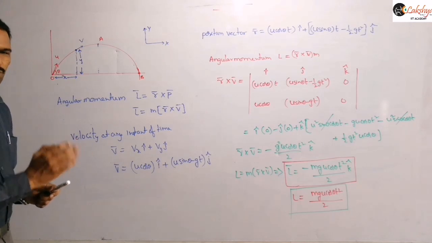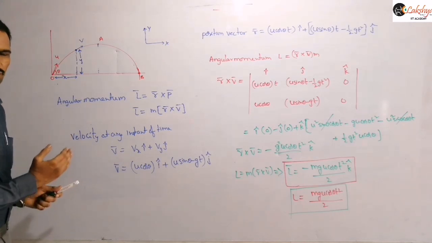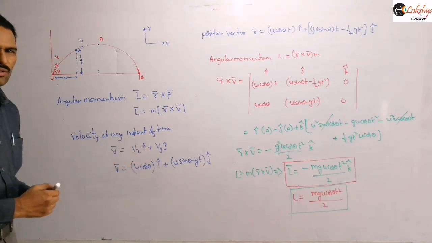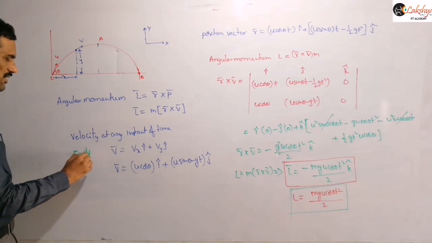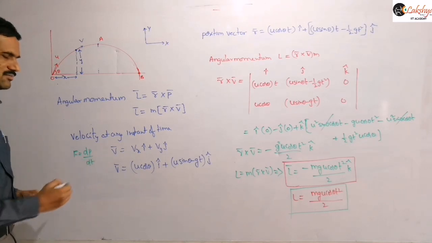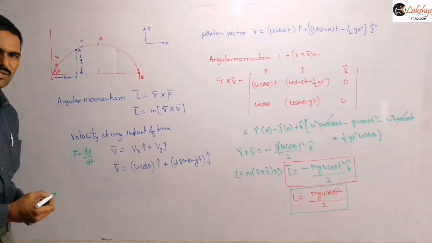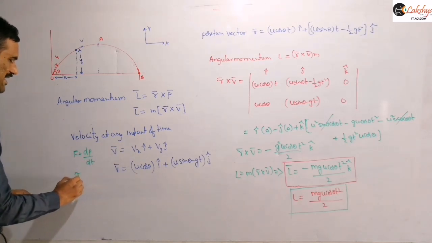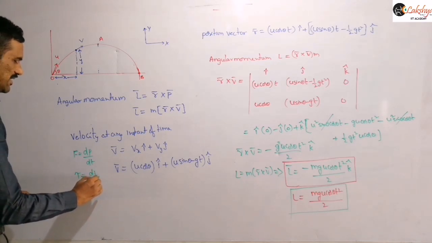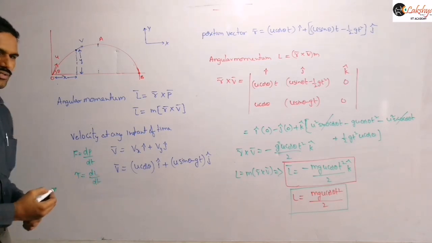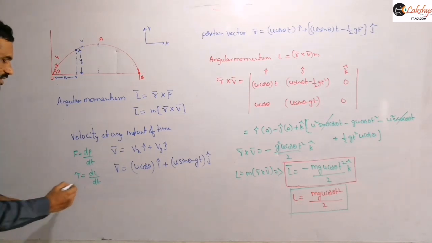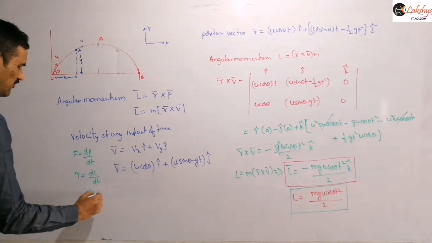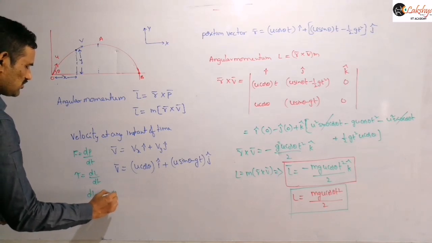If you know, then you can understand that, otherwise leave what I am going to say, or otherwise you may follow this. We know that force is equal to dp by dt, rate of change of momentum, right? And similarly the torque you can write as rate of change of angular momentum. So to find this angular momentum, if you know the torque equation, you just need to integrate.